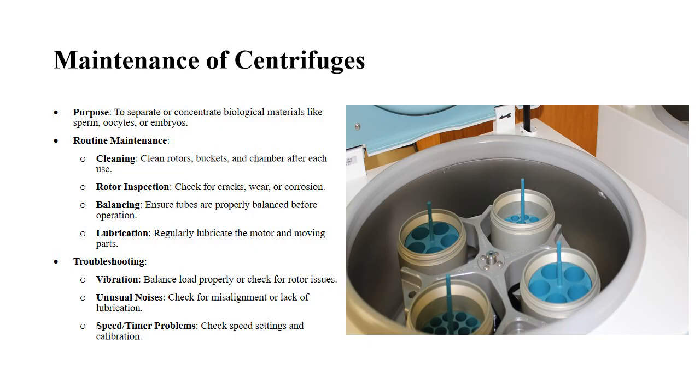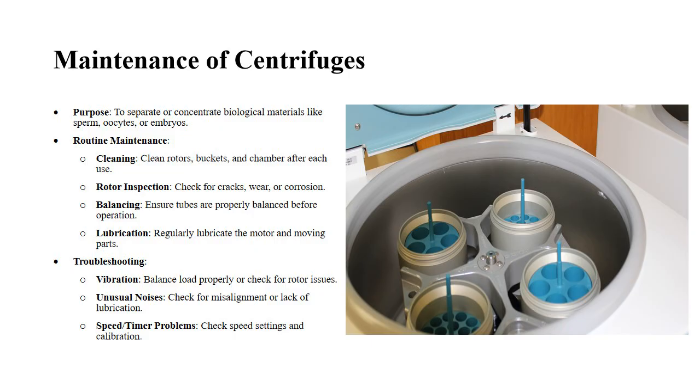Rotor maintenance: inspect rotors regularly for signs of wear, corrosion, or cracks. Tighten any loose components to prevent imbalance during operation. Balancing: always balance centrifuge tubes of equal weight across from one another to avoid excessive wear and vibrations.